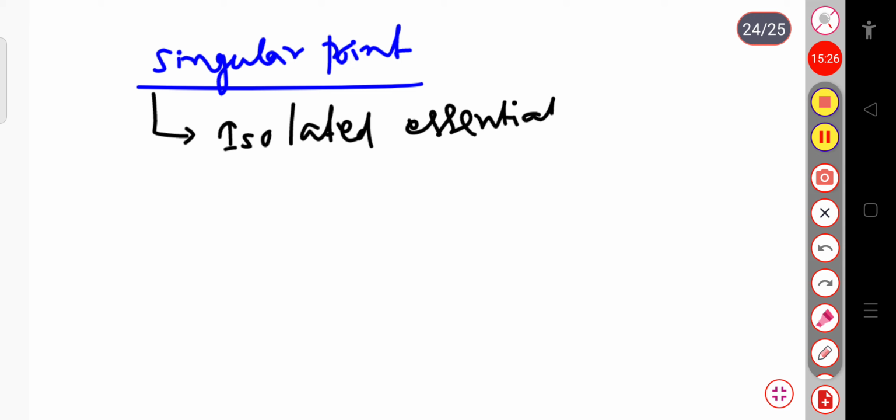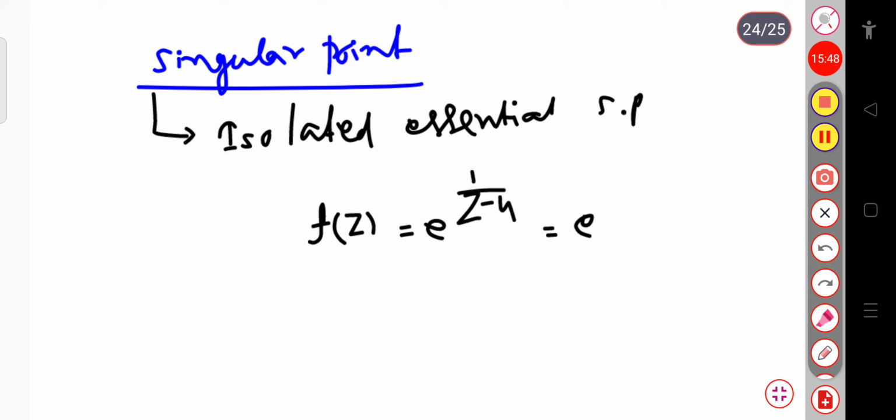Now you can see here, if the principal part of the Laurent series expansion contains an infinite number of negative power terms, it is such a point. Suppose the function f of z equals exponential 1 by z minus 4. We can write exponential x as the sum of x power n divided by n factorial.